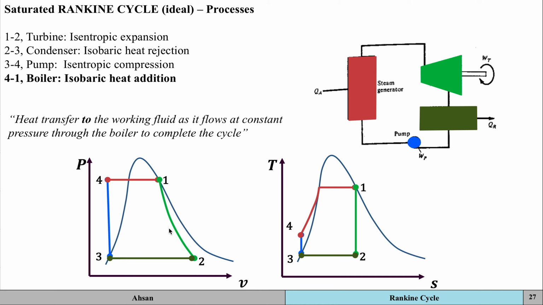That means that the initial state was that of a saturated vapor. But the problem with this is that it's possible that once this vapor starts interacting with the turbine, liquid particles start developing in there, and that can be harmful for your turbine blades.